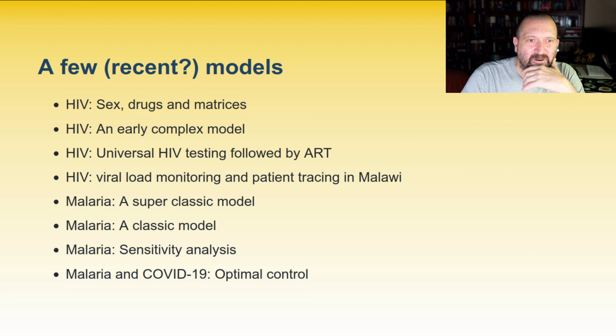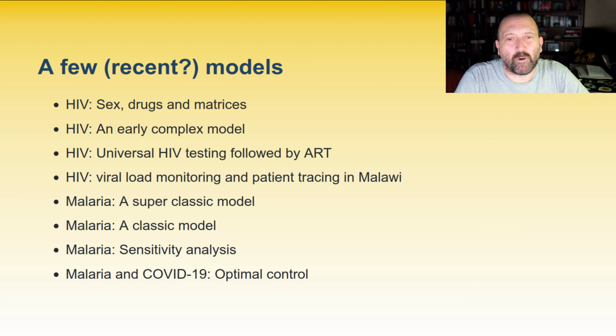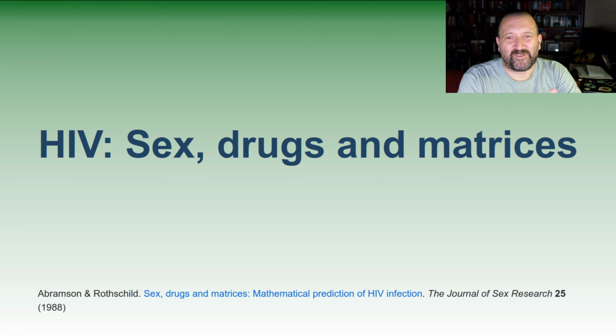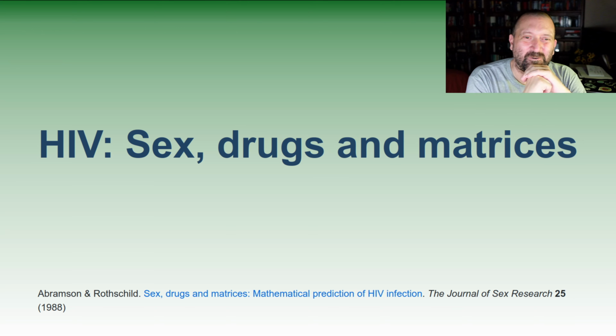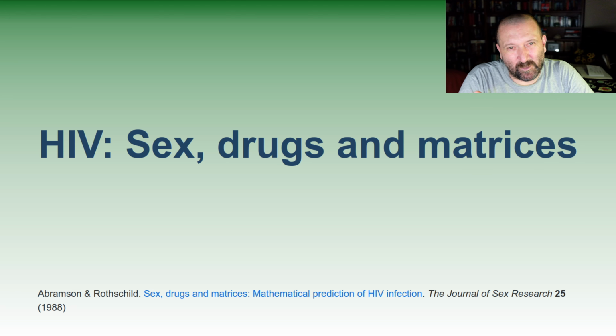So you just have to be aware that the situation can be a bit more complicated than the classic situation. Now, let's look at a few models, and they're not all so recent, but I selected 4 HIV models and 4 malaria models, just to give an illustration of things we haven't seen yet. So this first model I chose because I found the title of the article very funny. I read recently that if you have a good title, perhaps your papers will be better cited.